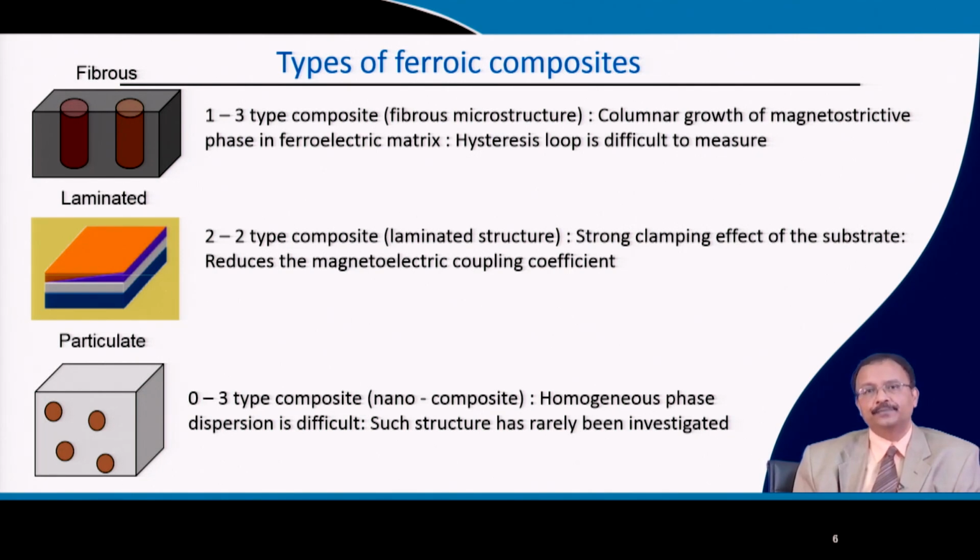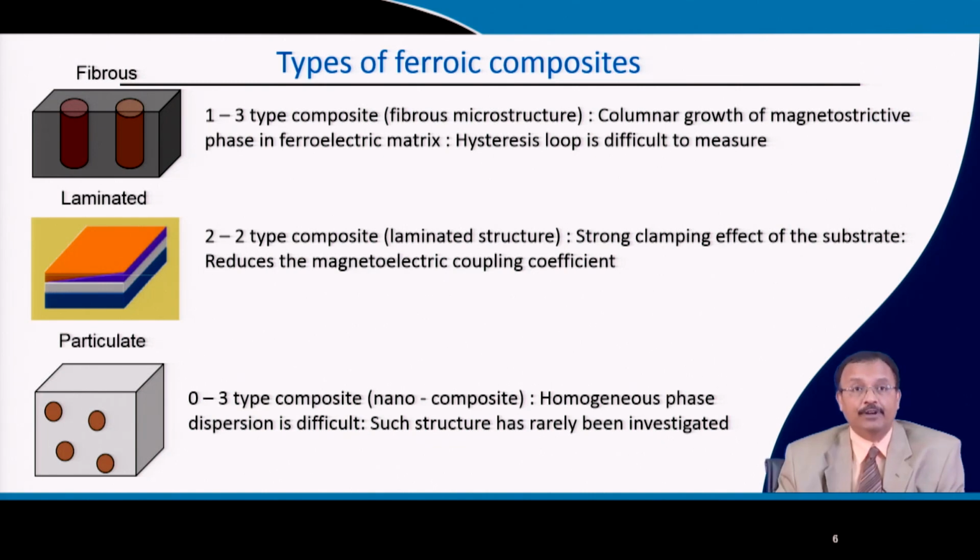and various different types of composite are possible. The three prominent examples are the 1,3 composite. Here 1 is the dispersed phase, which is in the form of a fiber, as you can see, and 3 is a 3-dimensional structure. That is why it is a 1,3 type of composite. So, it has a fibrous microstructure.